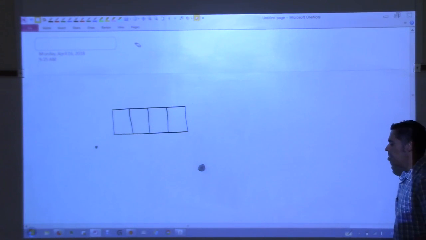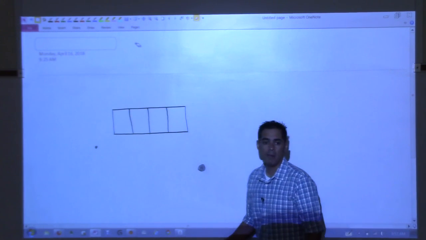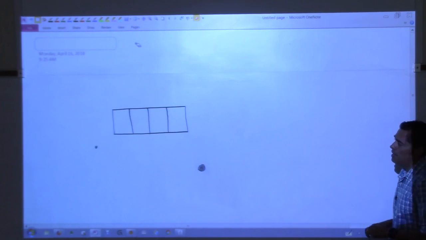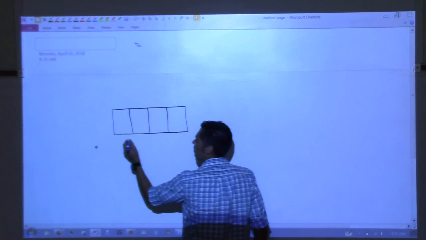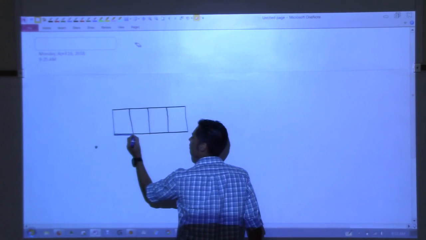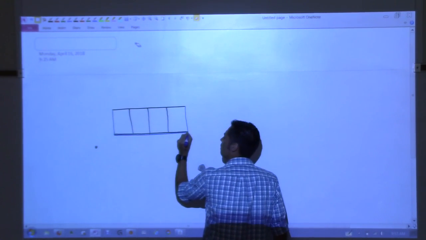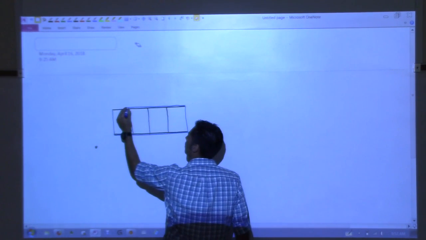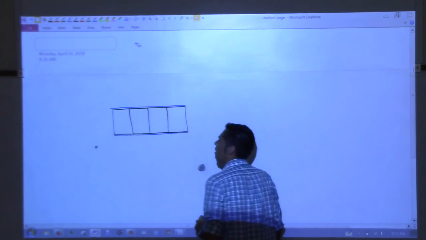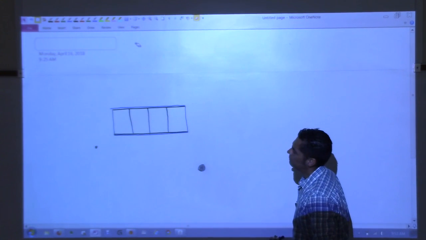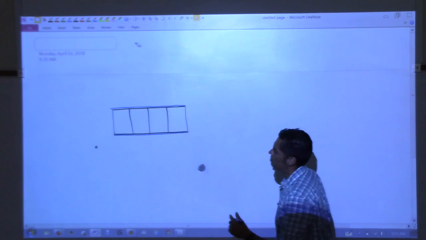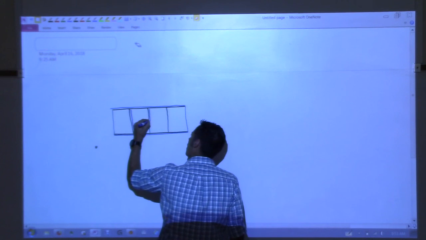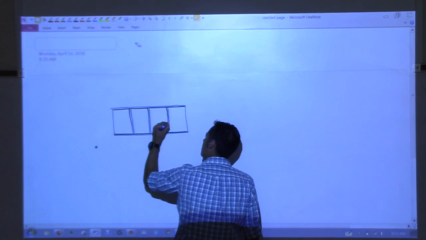Now, when I make this pen, I've got to decide what kind of material I'm going to make it out of. So what I've decided is that along this edge and this edge, let's do those edges and these sections here.